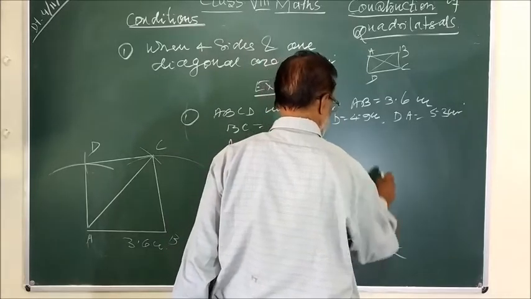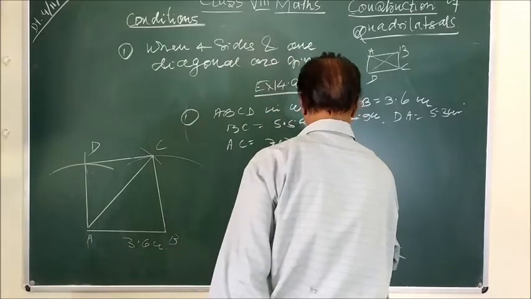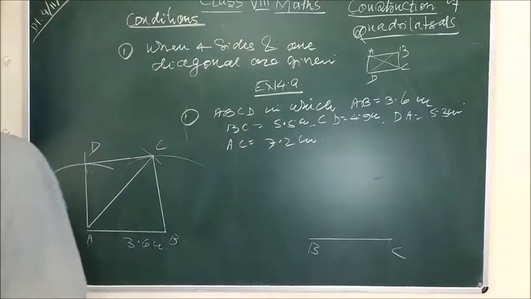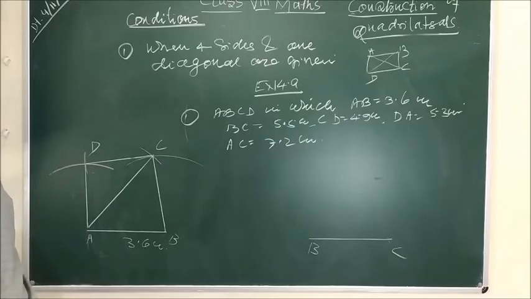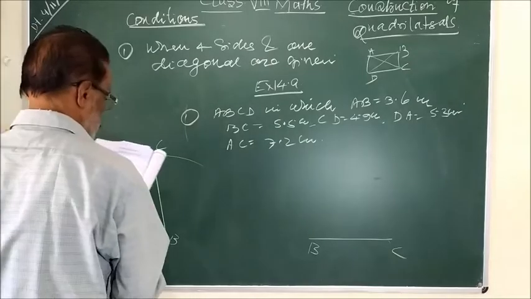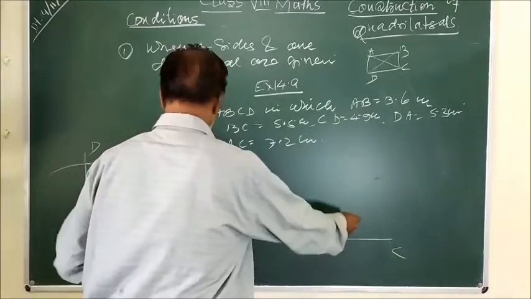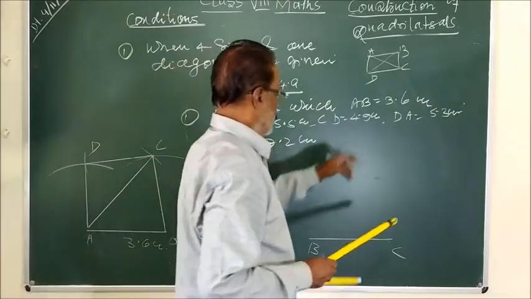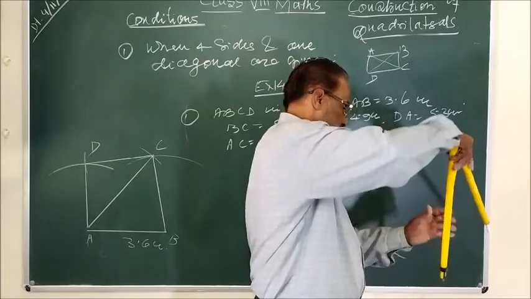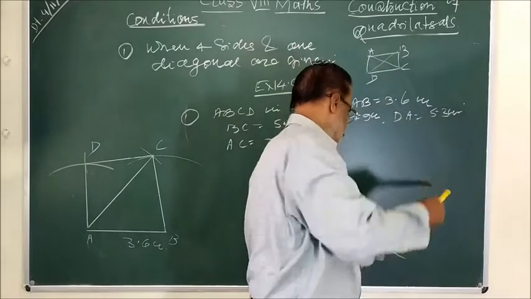Here will be B, here will be A, because these are in sequence, in order. So this will be CD. How much is CD? CD is 4.9 cm. You measure 4.9 on the scale.